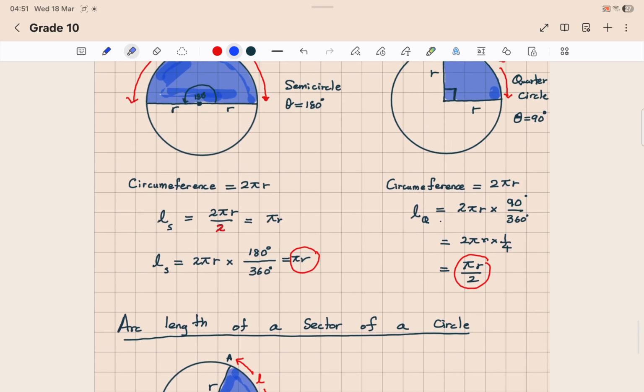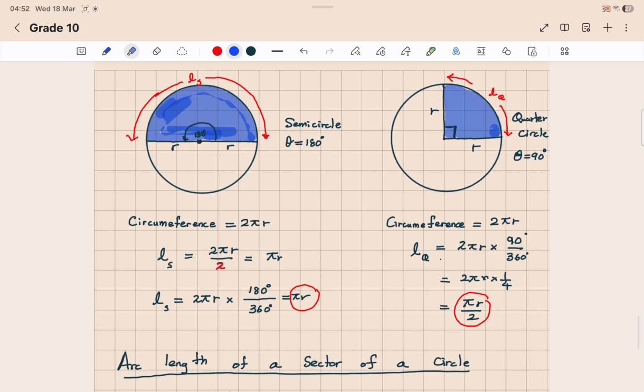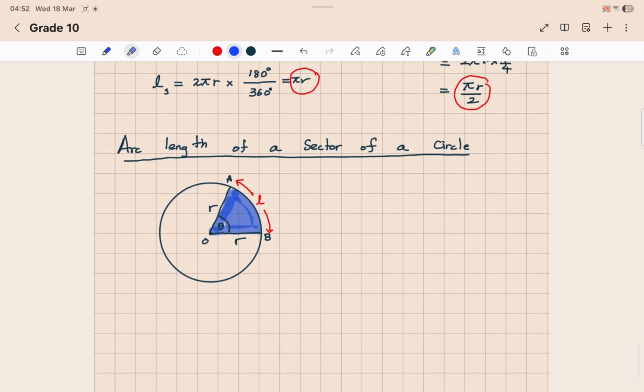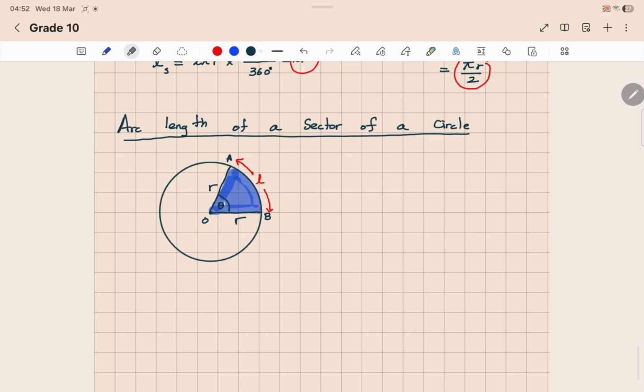So we use this same pattern we recognize for semicircle and quarter circle. So let me denote L as the arc length of AB. Then this is the formula. We know the circumference is 2 pi r. This sector is how much of the circle?